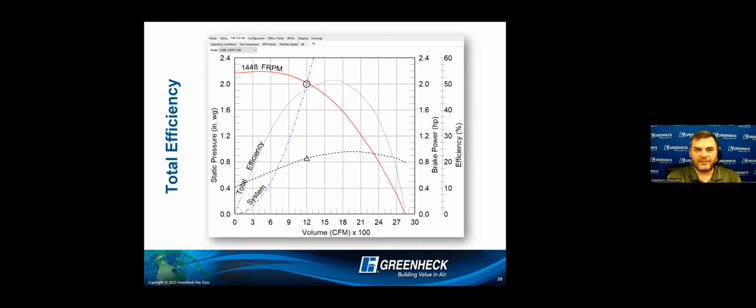For this fan, you notice the curve actually didn't really change because the fan I'm using as an example is a rooftop exhaust fan, right? There's not a bunch of ductwork after the fan. So no big difference. If you have an inline fan, these two curves will show differently. And you can pick the right one to show you the information and the best points of operation with the fan you picked.